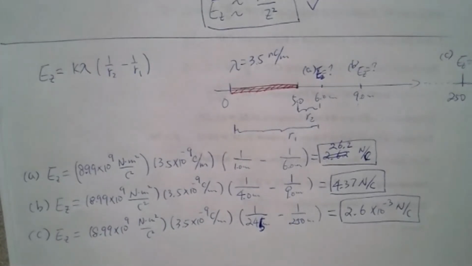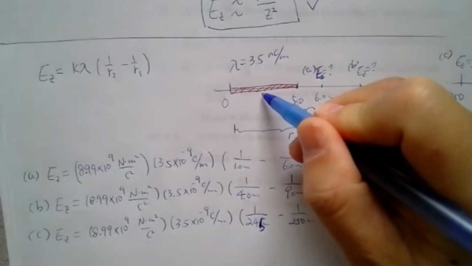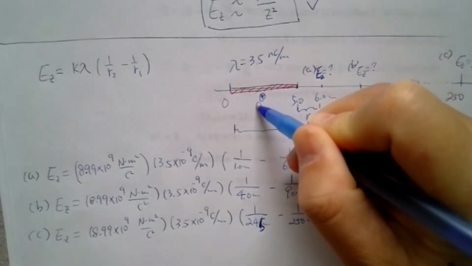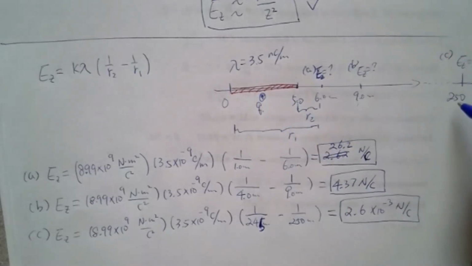Also, it's asking you to compare this electric field to a point charge of the same magnitude that sits at the middle of the rod. So at the middle of the rod, you are somewhere here. If you have a point charge Q here, what will be the electric field produced at 250? That will be the r distance.